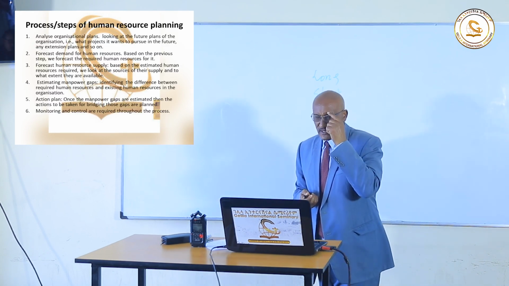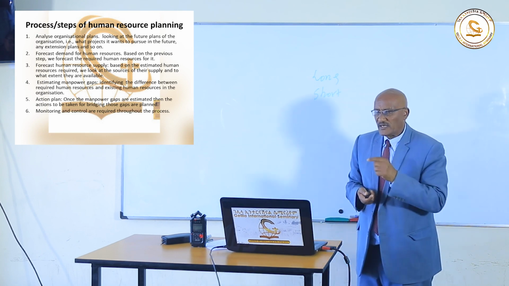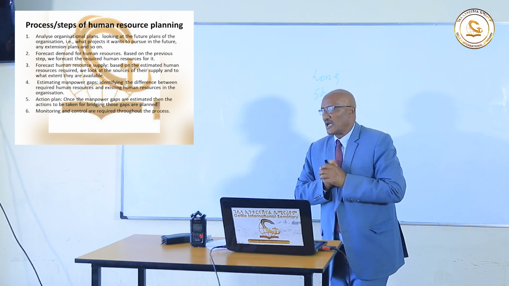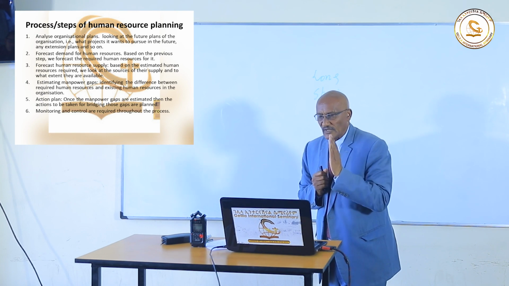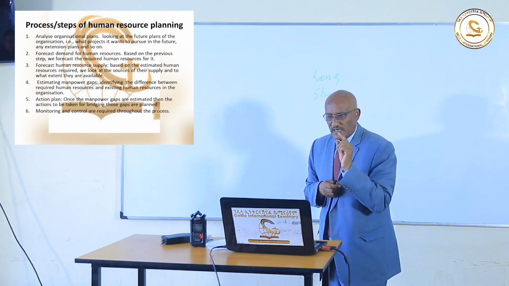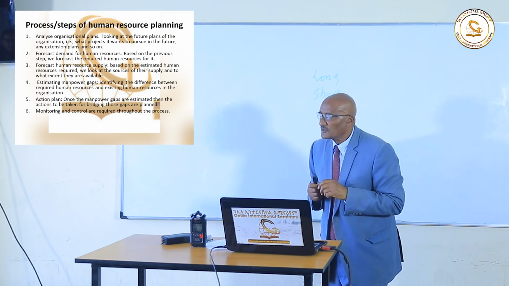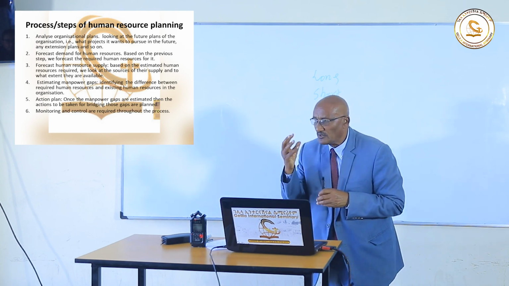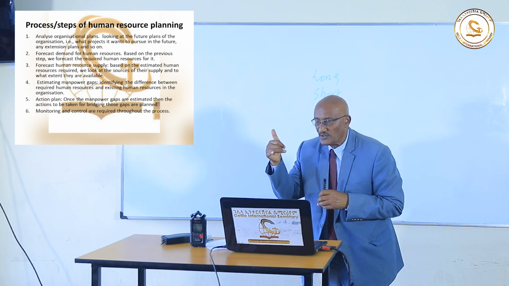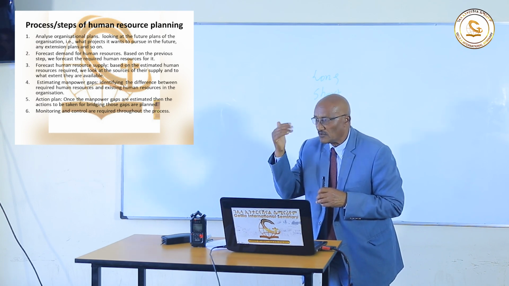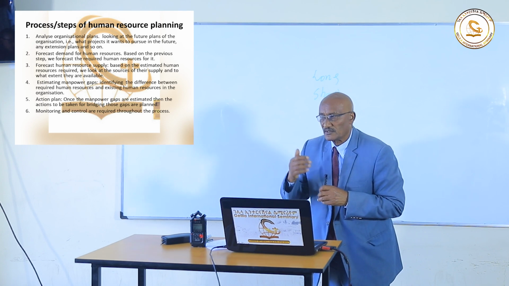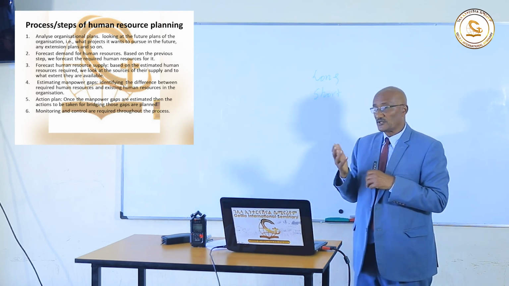Process or steps of human resource planning. One is analysis of organizational plan. Human resource planning: analysis of organizational plan. What is your plan? You have to know the plan itself in terms of the vision, in terms of the goal, in terms of the mission, in terms of the achievement and so on and so forth.